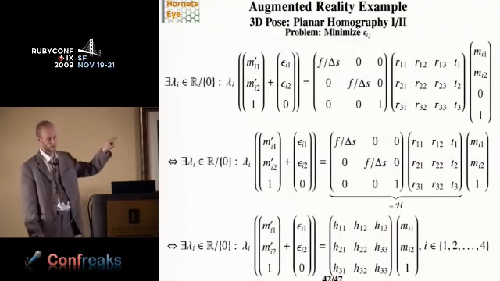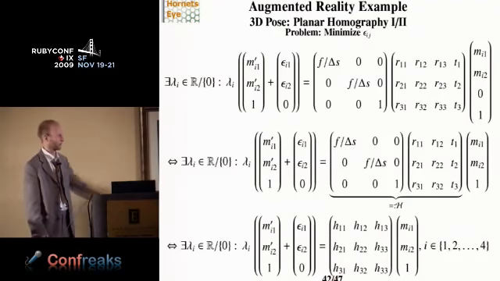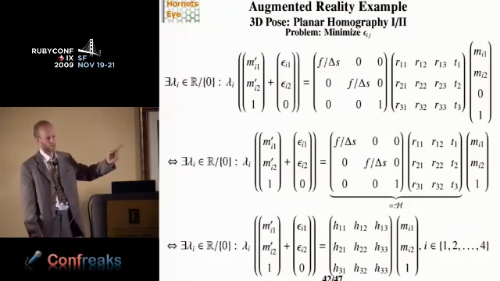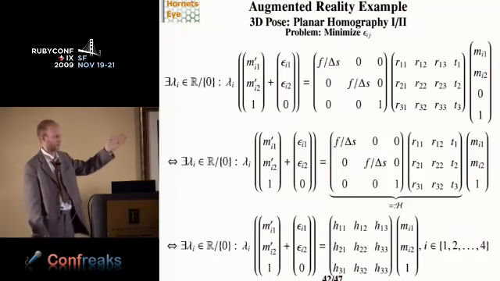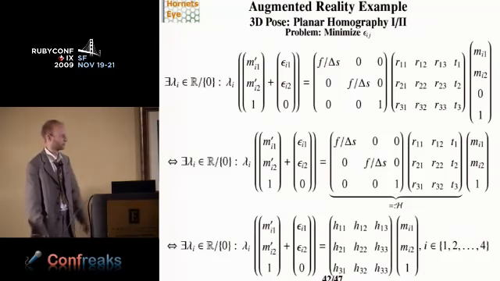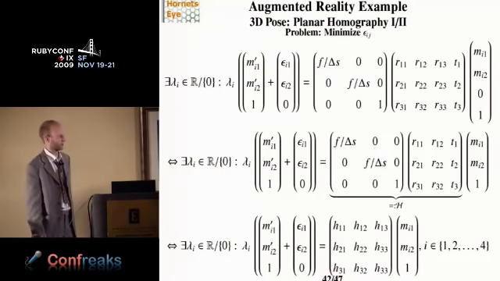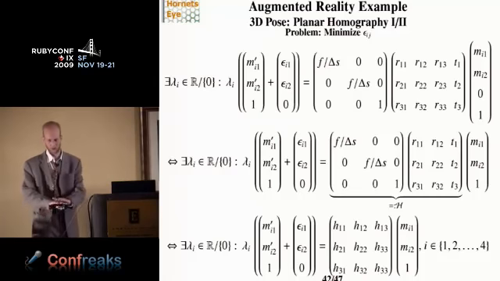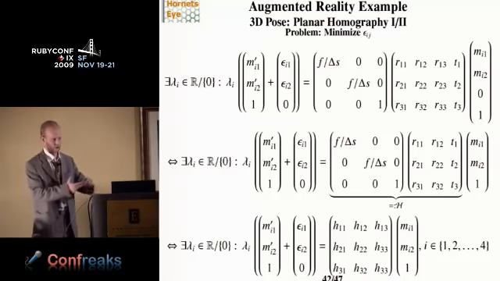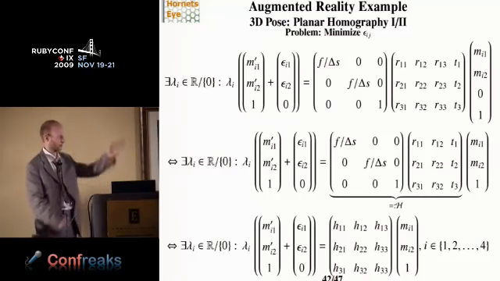We also need to allow for an error. So now we have 4 of those equations, so I just write it once. So i is between 1 and 4, with the projection and the rotation and translation. And because our object is a planar object, the third coordinate is always 0, as you can see.